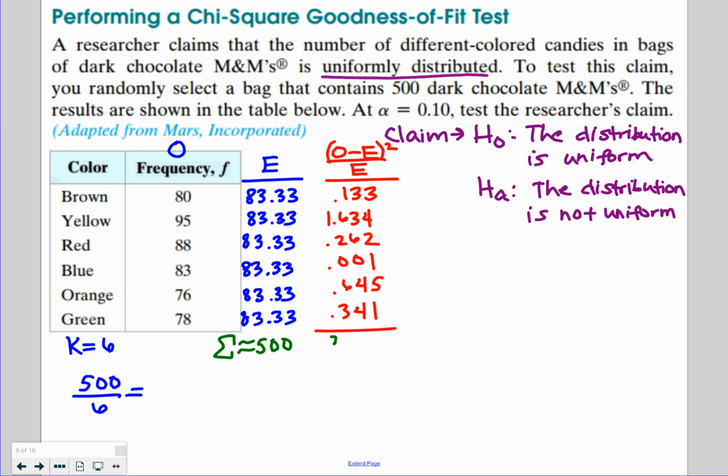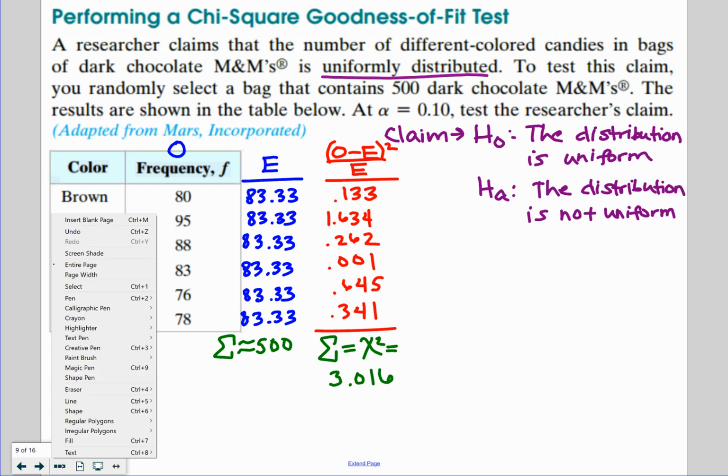The sum at the bottom of this test statistics column is going to be our chi-squared, which is going to kind of look like a swirly fancy X. Okay, add those all up. 1.634 plus 0.262 plus 0.001 plus 0.645 plus 0.341. And I get 3.016. Okay? Good, finding the test statistic.